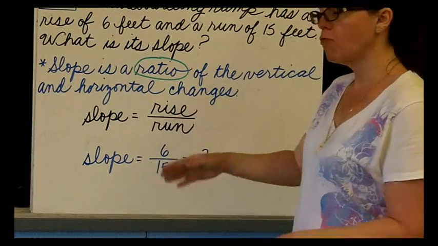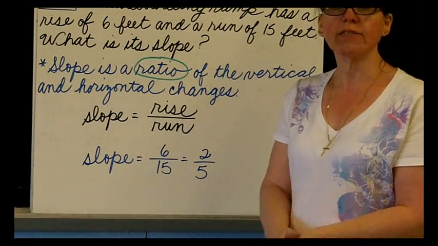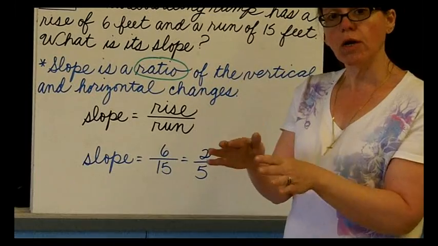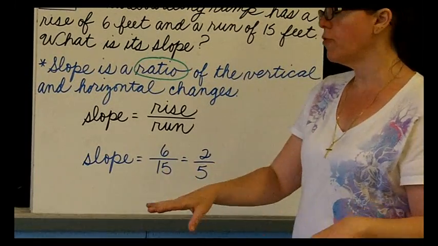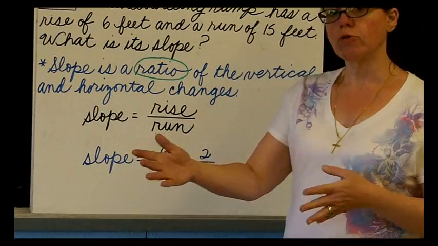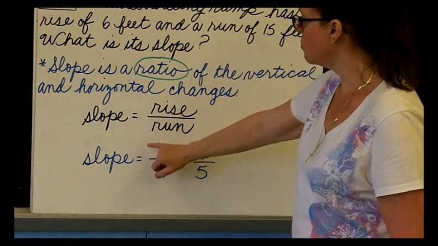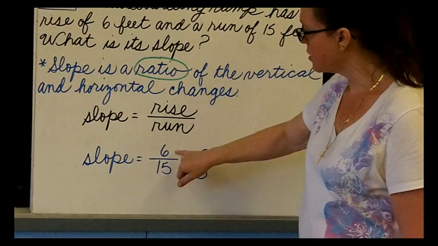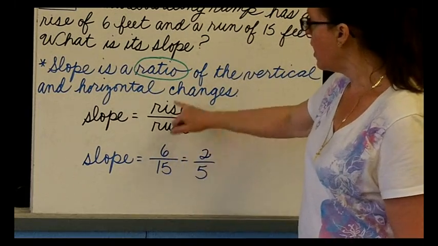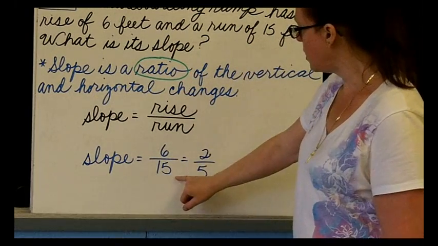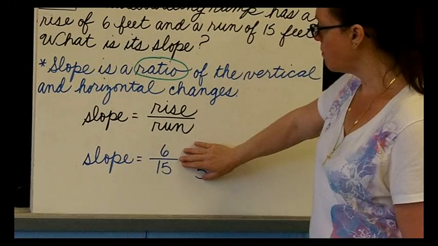So for this example, if the rise is 6 feet, then our slope equals a 6 in the numerator, and the run is 15 feet, so the slope is 6 over 15.